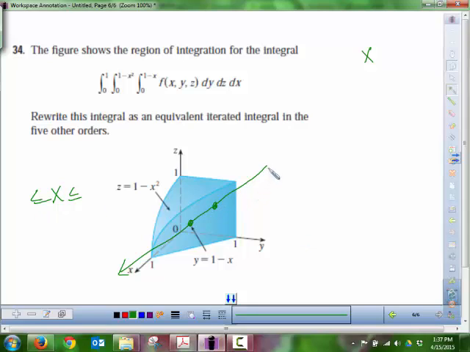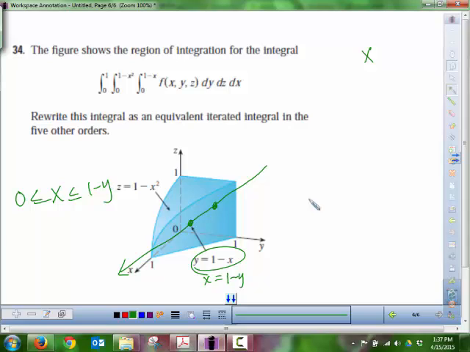So x equals 0, and then I get out of this plane right here. This plane, I need x by itself. X is equal to what again? 1 minus y. That's it. So I have my x limits already.